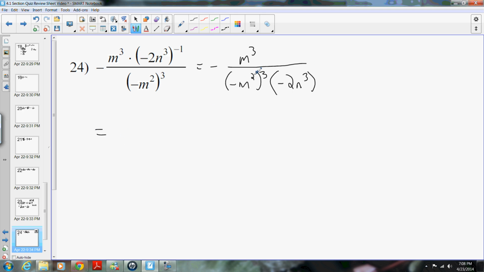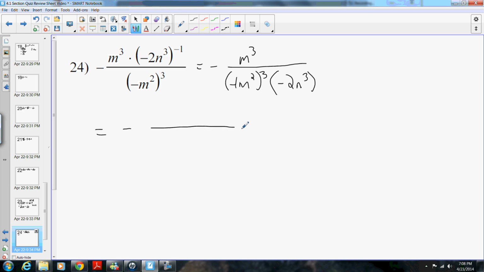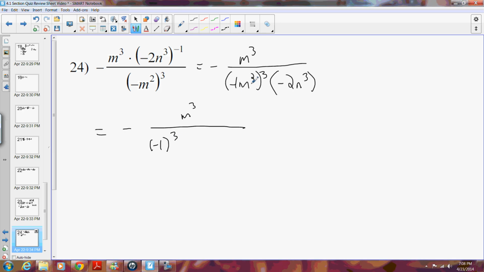Okay, negative m squared to the third power. Now, this is really having a coefficient of negative 1. So the way that I want you to consider this is ostensibly negative 1 raised to the third power, because these are the two products inside the parentheses, times m squared raised to the third power, and then times negative 2, that's the other product, that coefficient times n to the third.